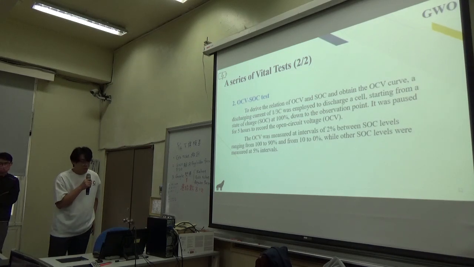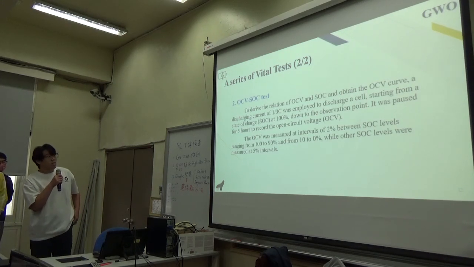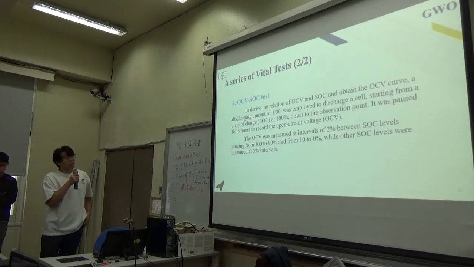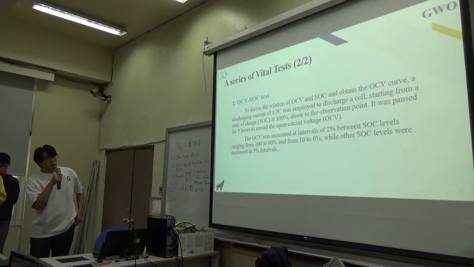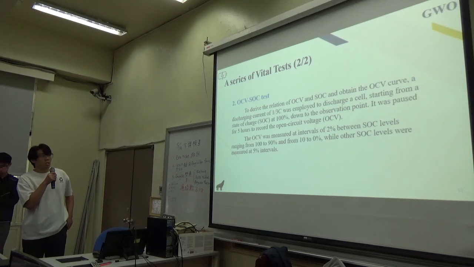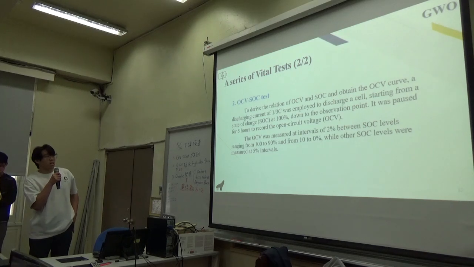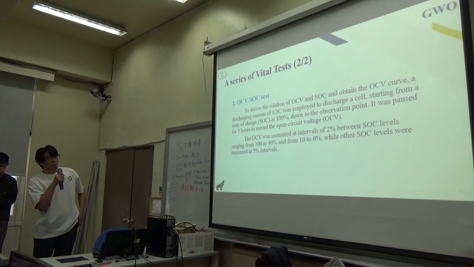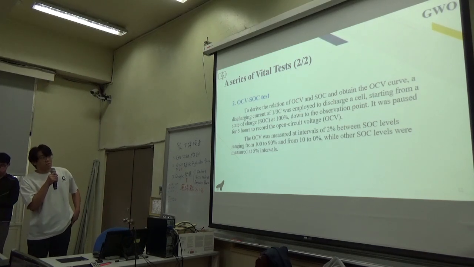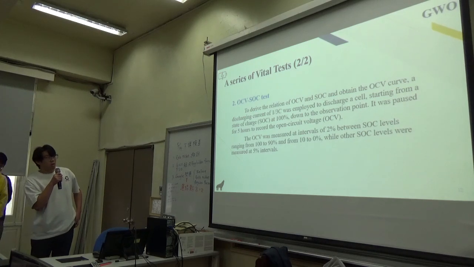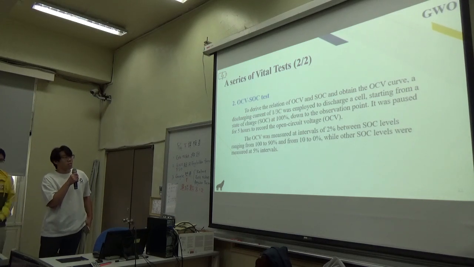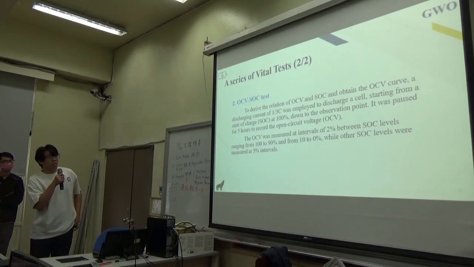And the second, the OCV-SOC test. To derive the relation of OCV and SOC, we can obtain the OCV curve. A discharging current of 1/3 C was employed to discharge the cell starting from a state of charge of 100%. After each step, a rest of 5 hours was observed to record the open circuit voltage.